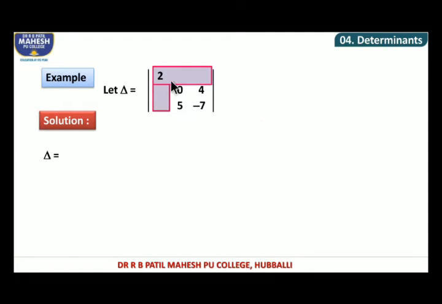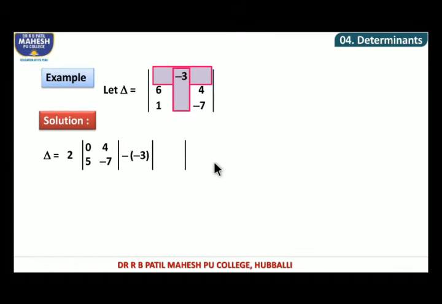So here 2 into the determinant 0, 4, 5, minus 7, minus, and the second element is minus 3, so we take it within the bracket, minus 3 into the determinant 6, 4, 1, minus 7, and for the third element we have the sign plus, and 5 into the determinant 6, 0, 1, 5.